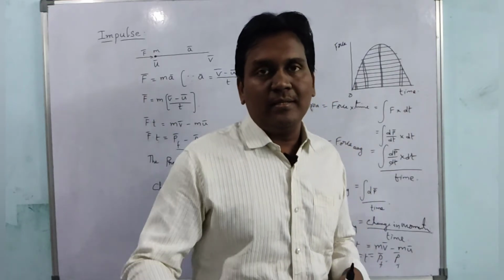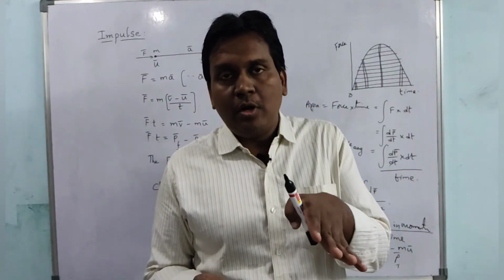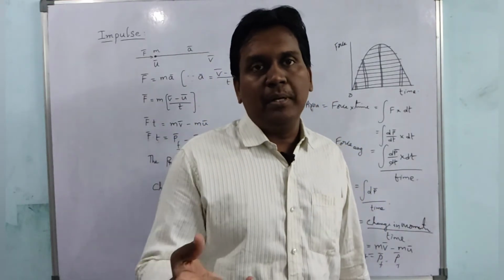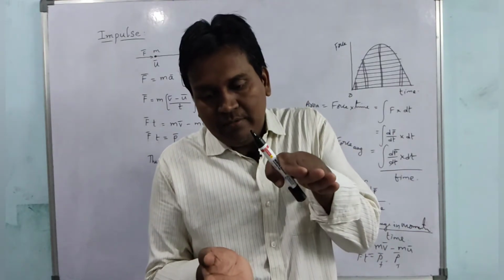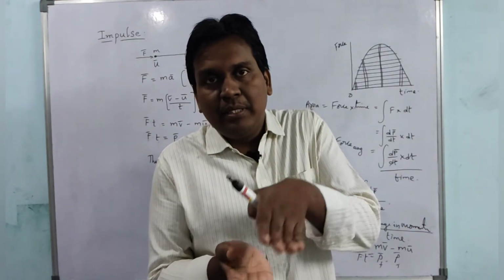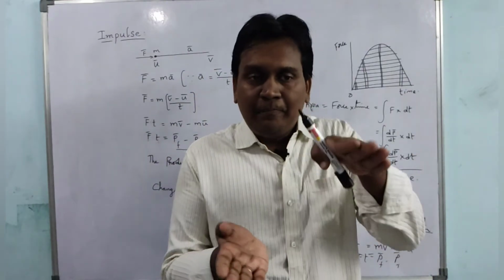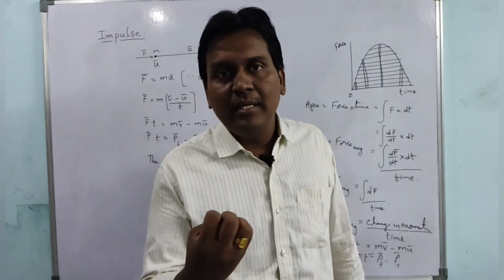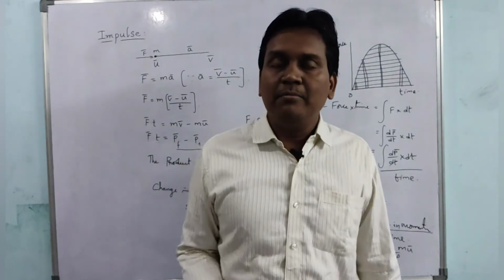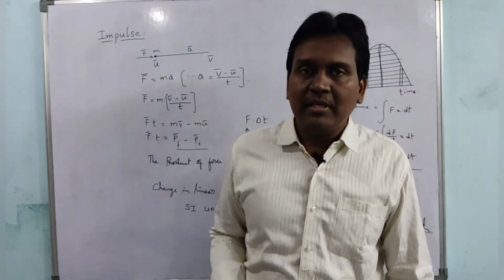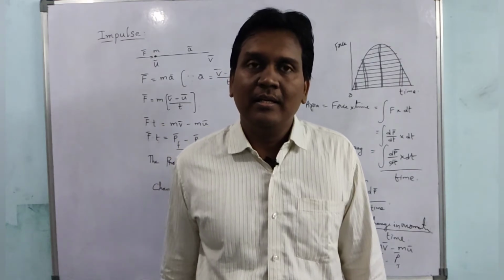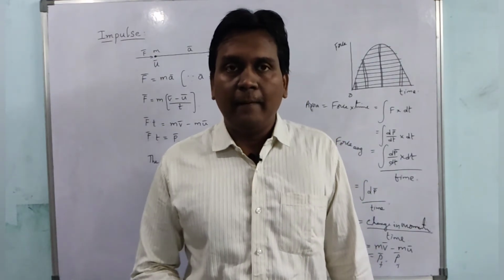To reduce the disturbance, the shock absorbers will help. What will they do? They will increase the time period. When a force acts on it, by compression, the time period increases. As the time period increases, force decreases, and it is a comfortable ride.